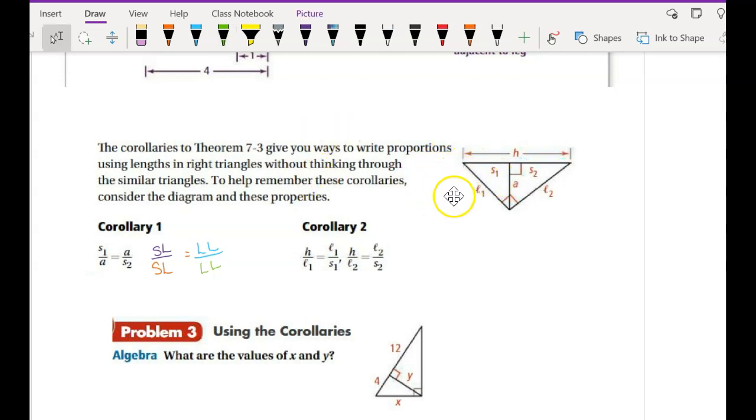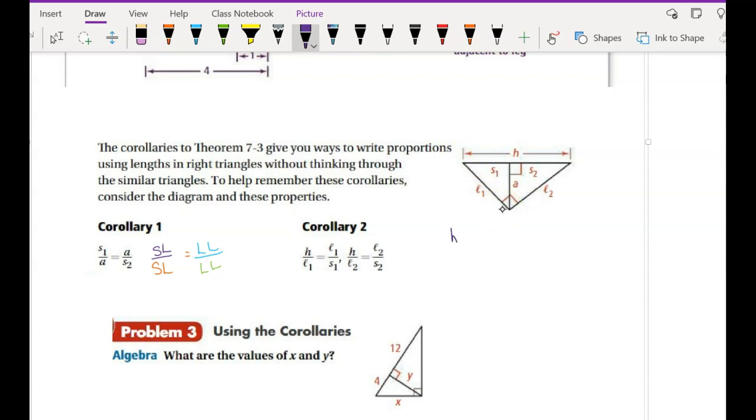Okay, so corollary 2 is a little trickier. So be sure and pause and rewind and stuff as you need. Okay, so H, you'll notice H is the hypotenuse of my larger triangle. So it goes to the hypotenuse, we're going to do the smallest one first, to the smaller triangle.